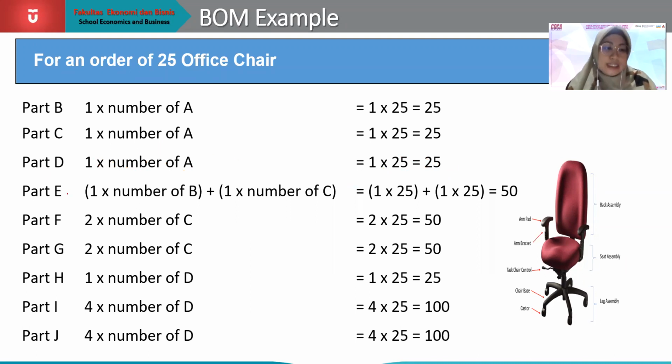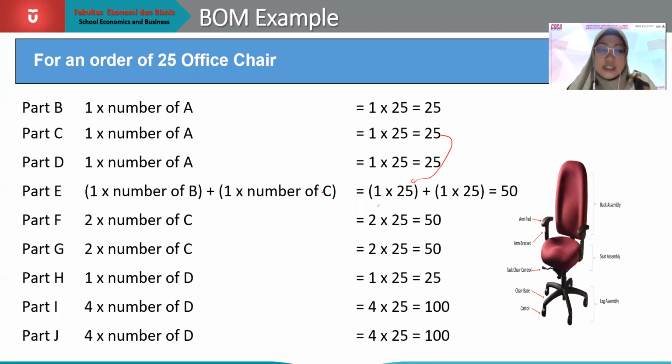For component E, since E is used in B and also in C, we have this formula. For E for B, you need one component E to make B. So to make component A, you need 1 times B. If component B is 25, you need E for B as much as 25 units.